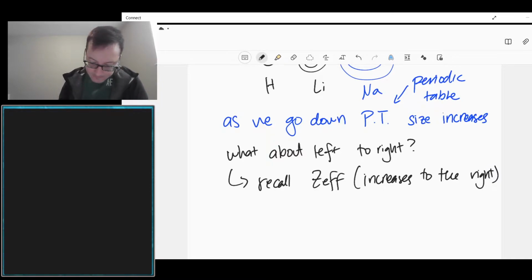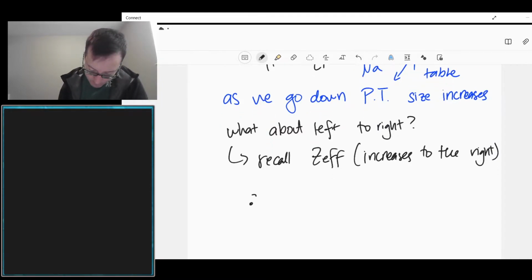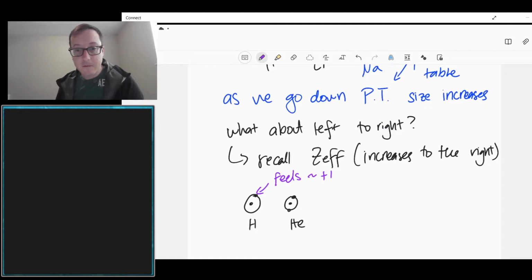And we're going to see it for these two. Here's our hydrogen, here's our helium. This electron feels about +1 in terms of charge. And in fact, it's not about, it's defined for us. Helium we saw was about like 1.6, but we'll say it feels about +2, these electrons.